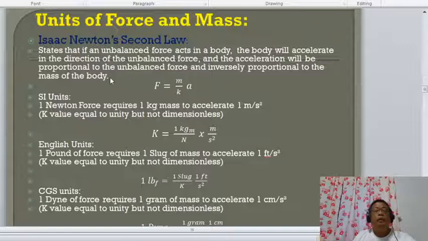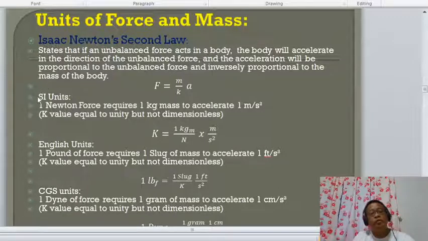Take note that in the numerator, we have here the so-called constant of proportionality. So the problem now is we have two values for k here.